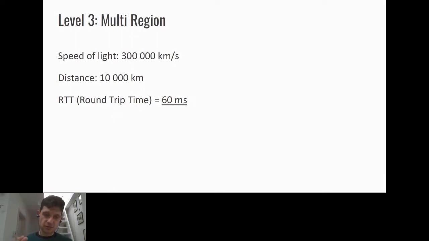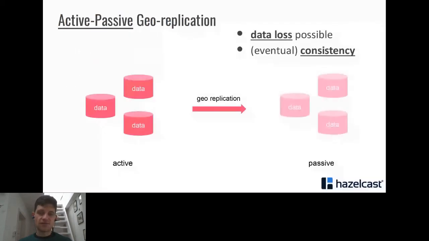So just imagine that you wrote some data to your active cluster and it's suddenly down. So the event may not be received by the passive cluster, so you can lose the data. But you can still have some kind of consistency, meaning at least you have the same data here and there.